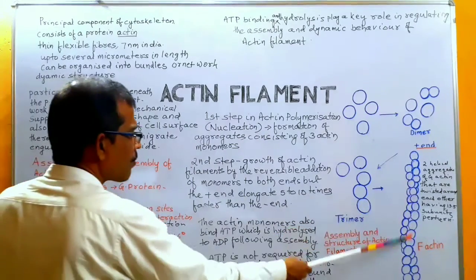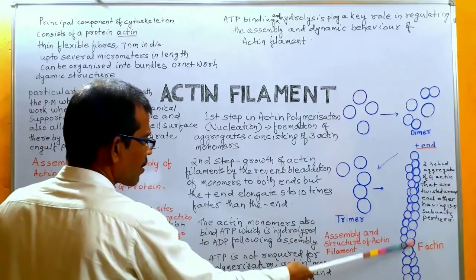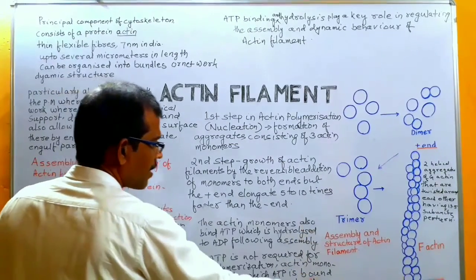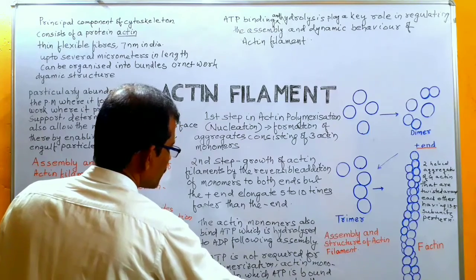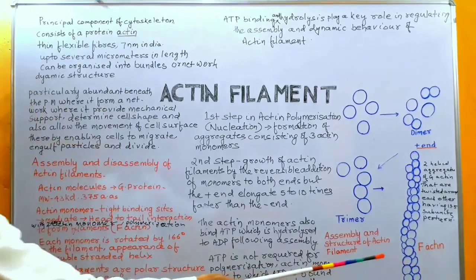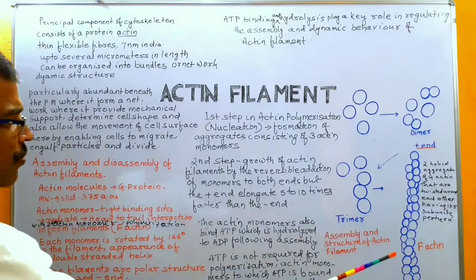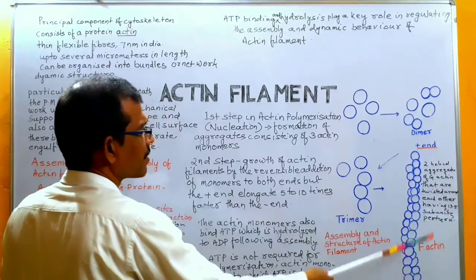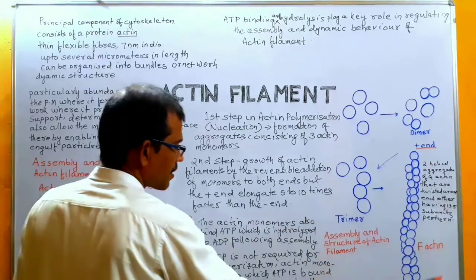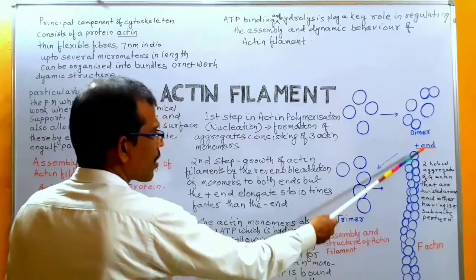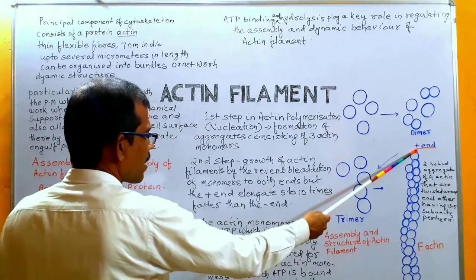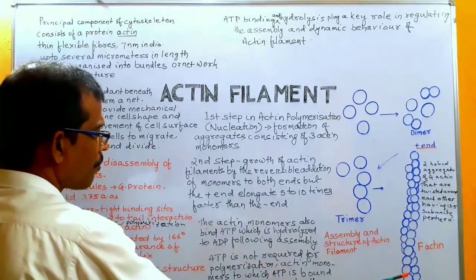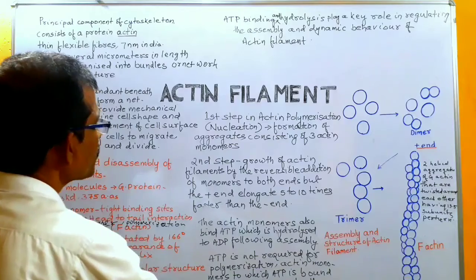These actin filaments are polar structures, that means they have a distinct plus end and minus end. The plus end elongates 5 to 10 times faster than the minus end.